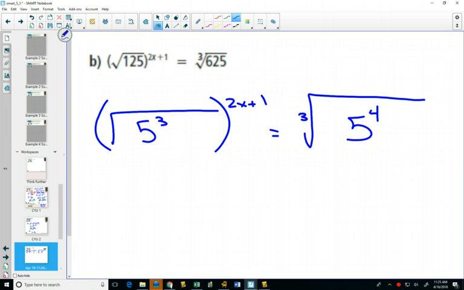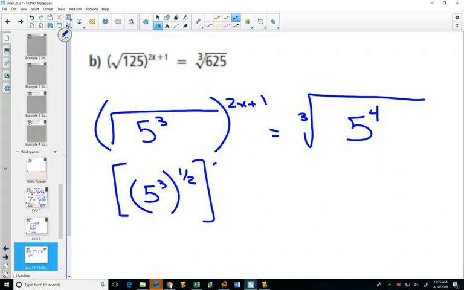So now what does it mean if I have a square root of 5 cubed? Well, that means that I have 5 cubed to the 1/2. And over here, I have 5 to the 4 to the 1/3.